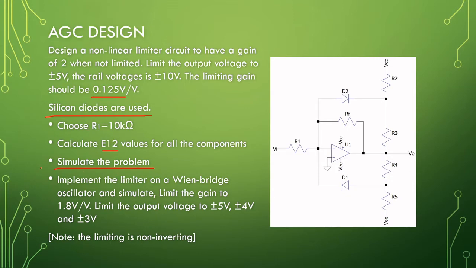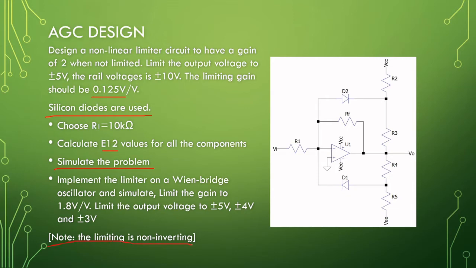Then I want you to implement this limiting circuit on a Wien-bridge oscillator and also simulate it. I want you to limit the gain to 1.8 volts per volt, and do this for plus minus 5, plus minus 4, and plus minus 3 volts.